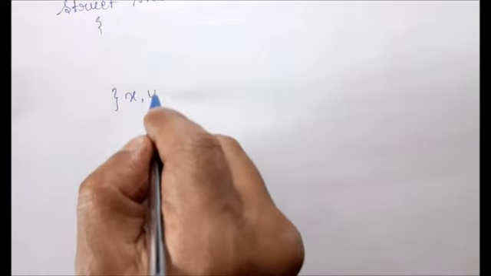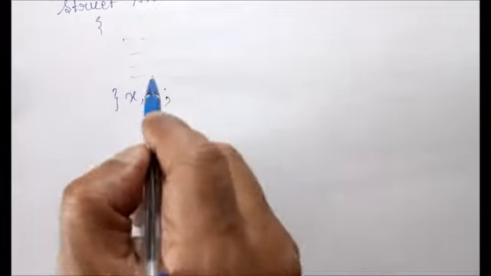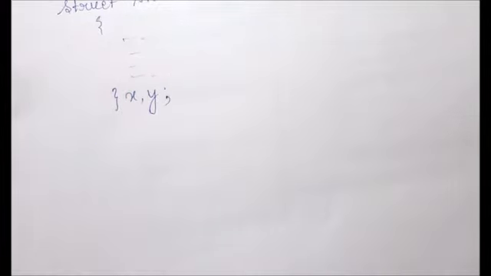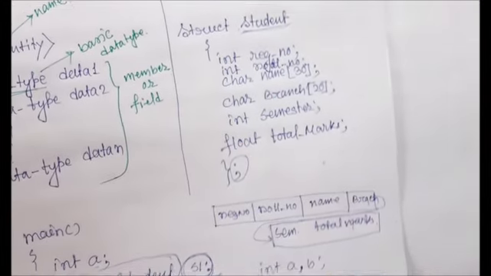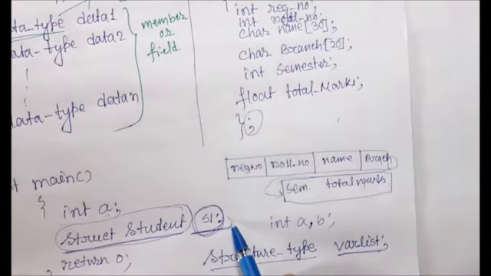If I consider struct student, same structure, then all the fields are here, and after that we can write x comma y, then semicolon. So we have so many fields here compared with the first one. Here we are just declaring only the structure, here we have declared the variable.